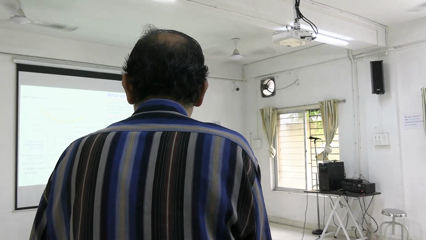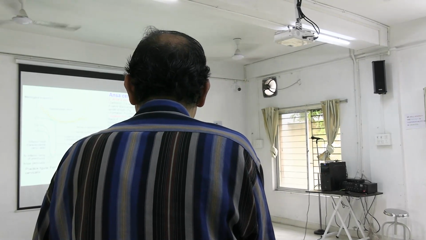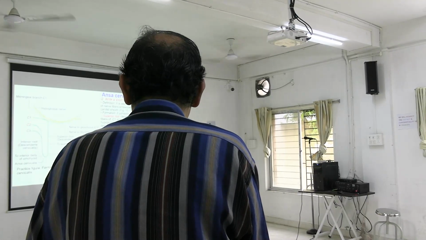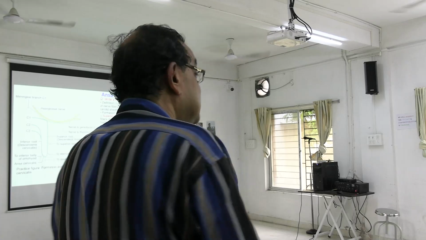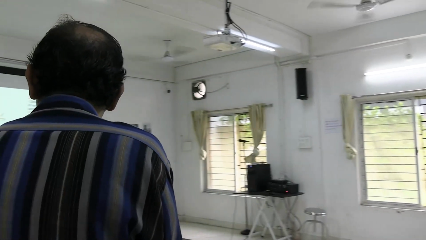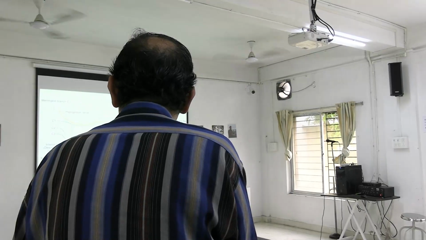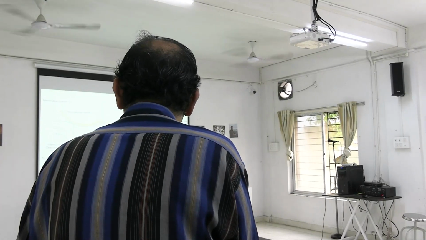So this is the descendens hypoglossi, and C2 and C3 coming down is called descendens cervicalis. So descendens hypoglossi, this one, and this is descendens cervicalis. So they form a loop.